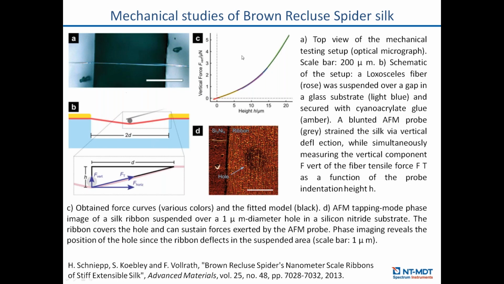If you look at these multiple force curves, they show exactly the same shape, which means that the silk is absolutely elastic, so we cannot make plastic deformation at least at this level of force scales. And the Young's modulus of this piece of silk was calculated to be around 21 gigapascals.